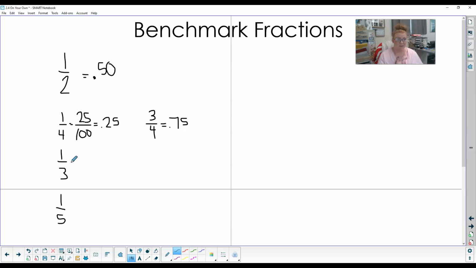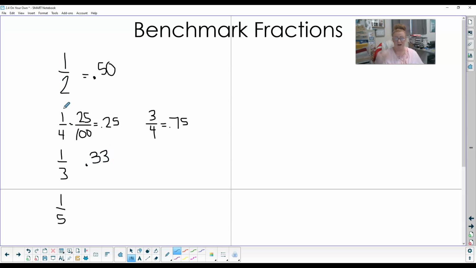So thirds are another one that are very common. If I take 100 and I break it up into 3 pieces, each part is about 33.333333. It's going to go on forever. We're going to shorten it and call it 33. And I want one of those pieces of 33. 1 times 33 is 33.33.